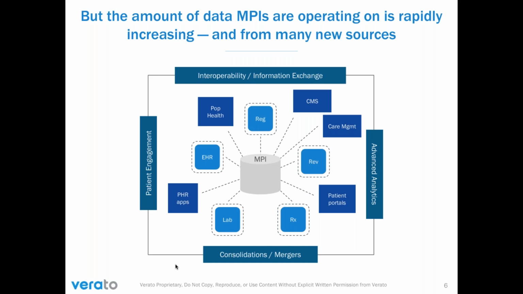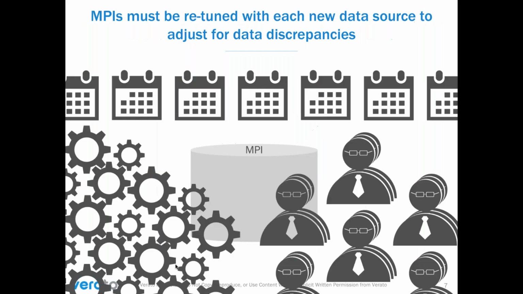There's a lot more information exchange going on between organizations. And then you have new applications that are sitting on top of your MPI and your EMRs, so population health applications or consumer-facing applications. These things may or may not be adding data to the MPI, but they are changing the way the data is consumed. And all of this activity basically triggers retuning exercises.